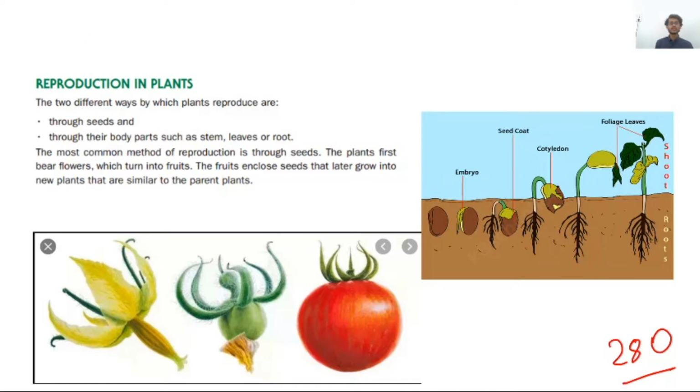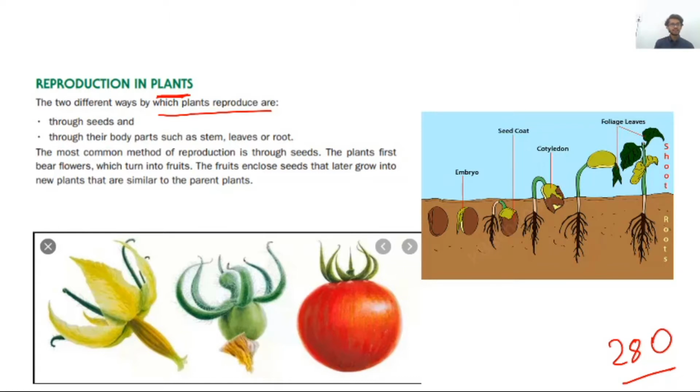Okay, so now we will study about reproduction in plants, right? I hope you all know what a plant is. So let's begin. There are two ways by which plants reproduce, by which they give birth to a new baby.